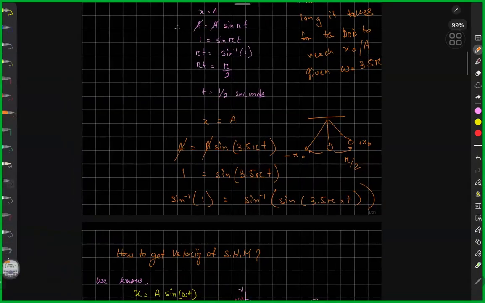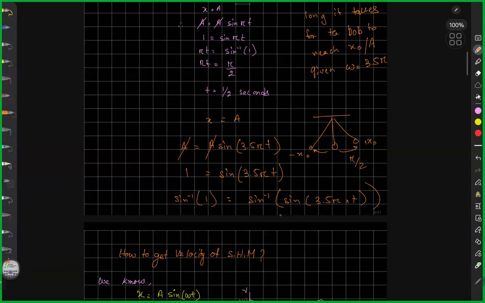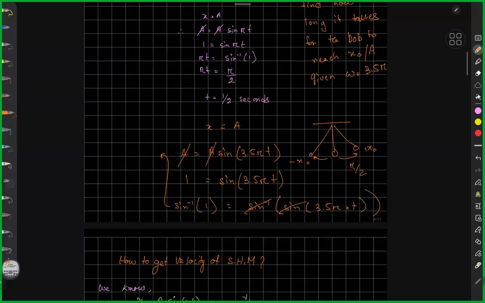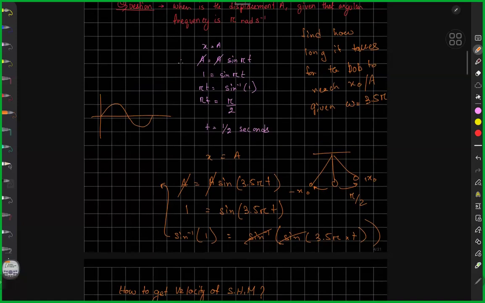When sine inverse and sine interact, they cancel each other off. Sine inverse of 1 would be, if I draw a sine curve, without even using the calculator. Inverse function means you take the y input and find the x output. When is sine 1?